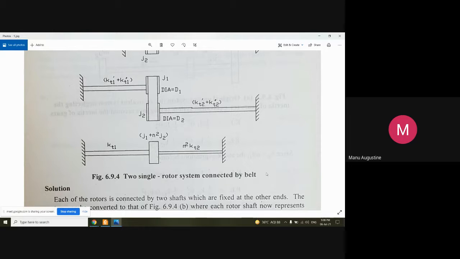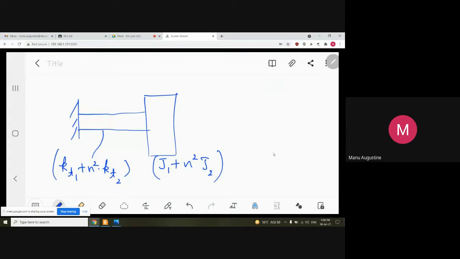I am adding them because the shafts are in parallel, and the rotor remains as it is, j1 plus n square j2. So this is the final setup. Let me show you. This is the final setup.